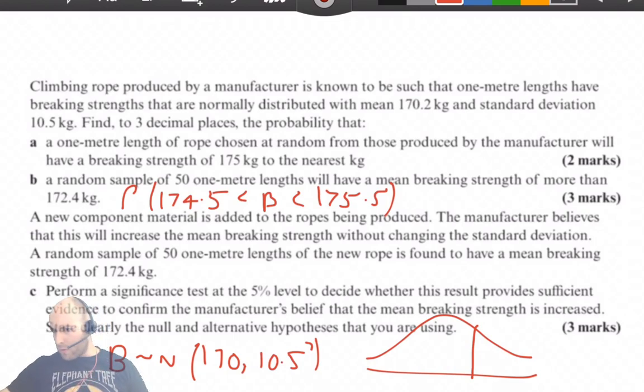Is it 0.34? I got 0.0342. Yeah, that is the correct answer. Good job. Oh, really?